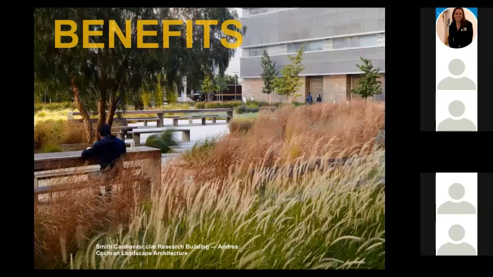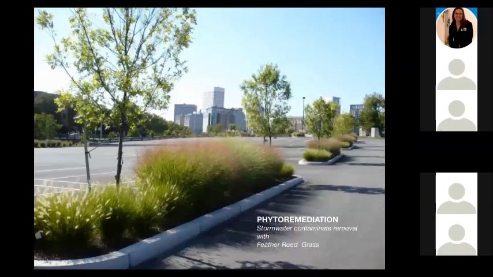Also, native plants and ornamental grasses have a variety of functional benefits. So they are trying to bridge that world of form with aesthetics and texture, and also function in that they provide phytoremediation benefits, so stormwater contamination removal, and flood control and prevention with increased infiltration rates.